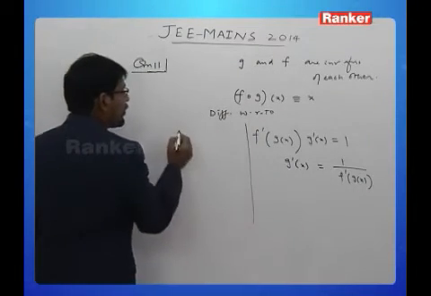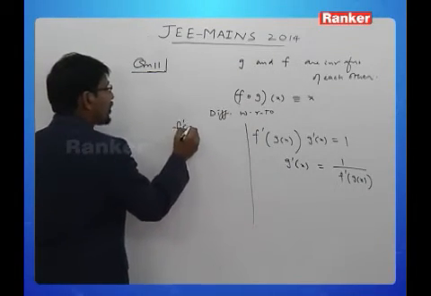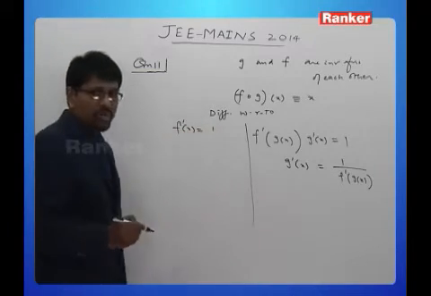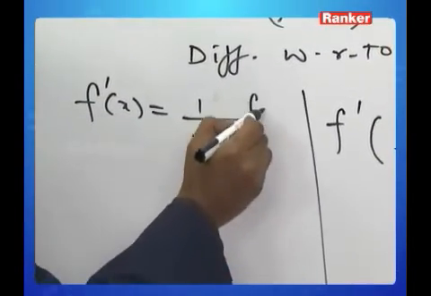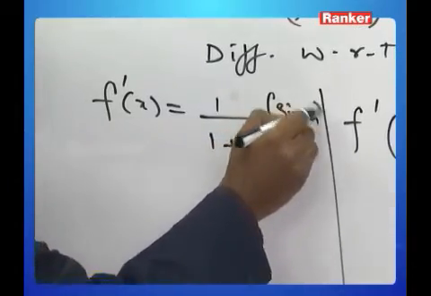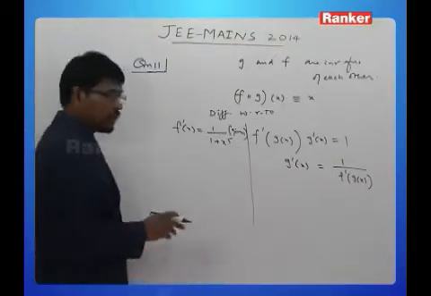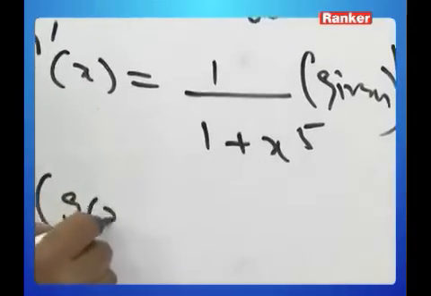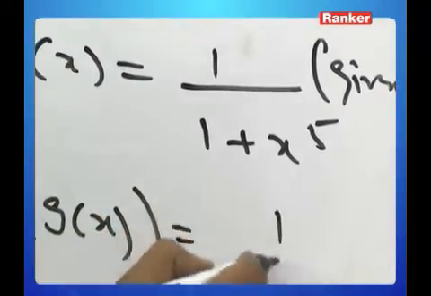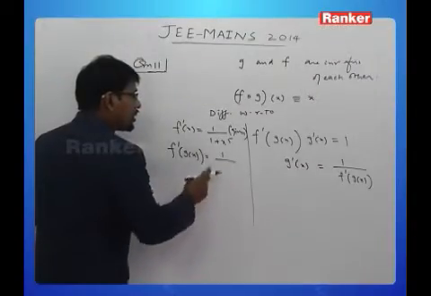What is your f dash of x? We are given that f dash of x is equal to 1 by 1 plus x power 5. Now this is a function of x here. What would be f dash of g of x? Wherever there is x, I have to replace it with g of x.